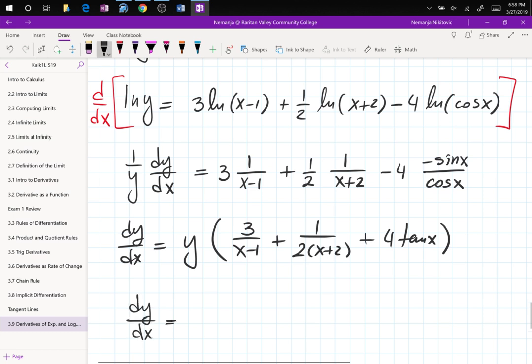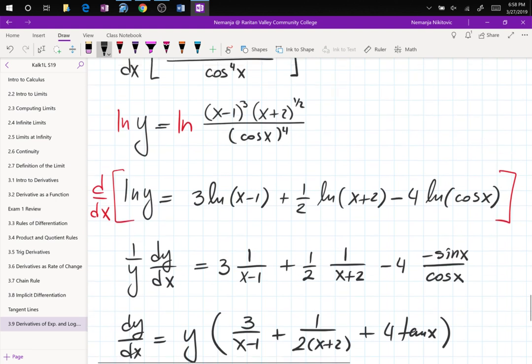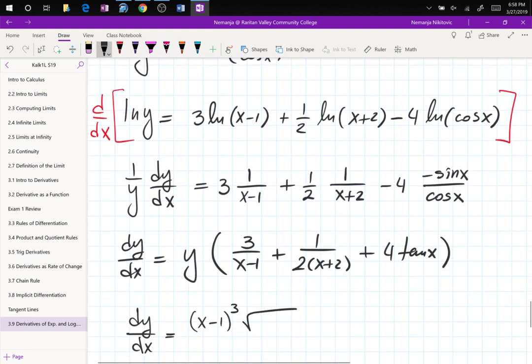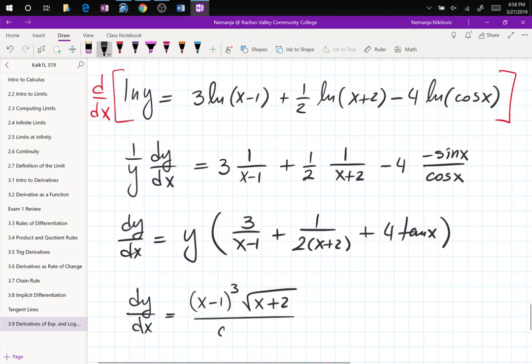So dy dx is equal to, original problem is (x minus 1) cubed times the square root of x plus 2 divided by cosine to the 4th x, times 3 over x minus 1 plus 1 over 2(x plus 2) plus 4 tangent x. 3 lines, 4 lines of work.